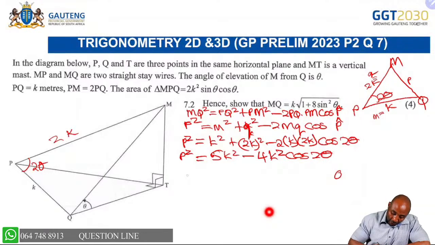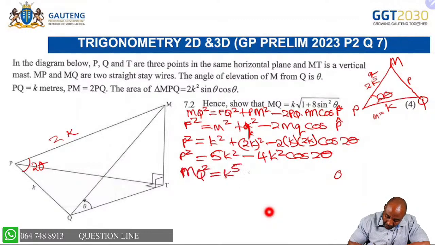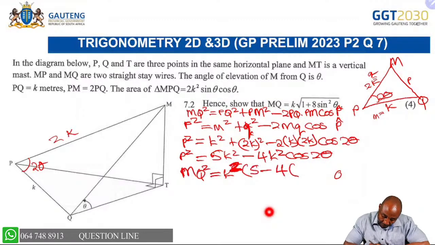So I will write, in place of p squared, let me bring back MQ squared is equal to, I can factor out k squared. Then I will remain with 5 minus 4. In place of that 4, I can put my values there.